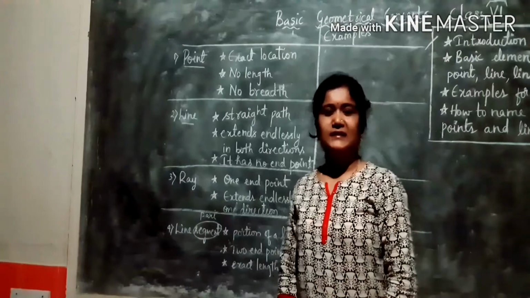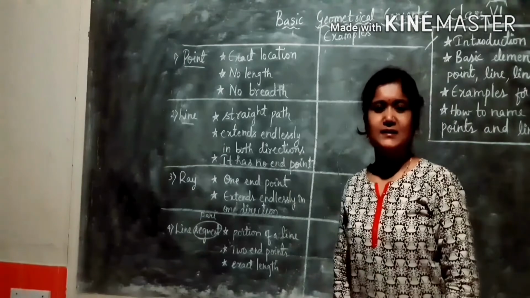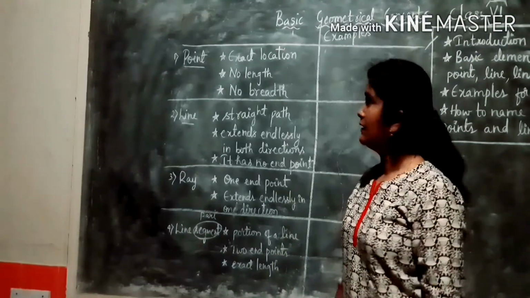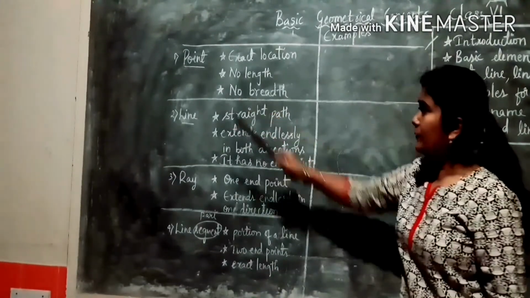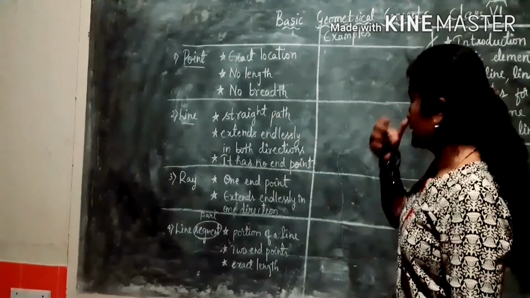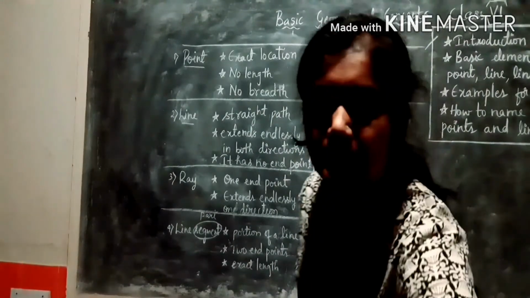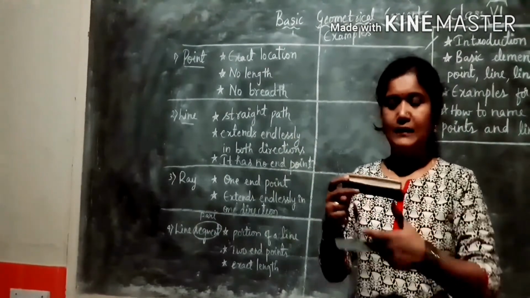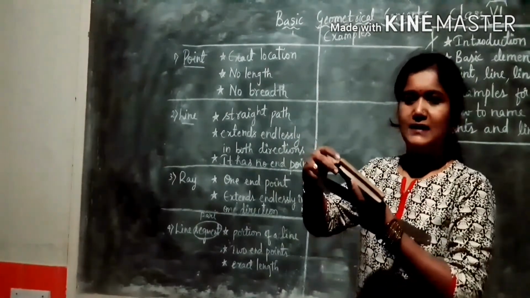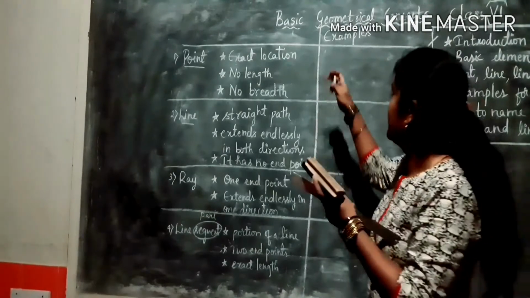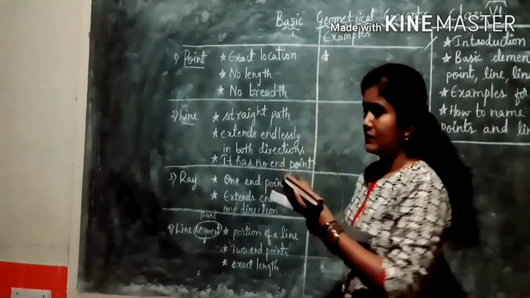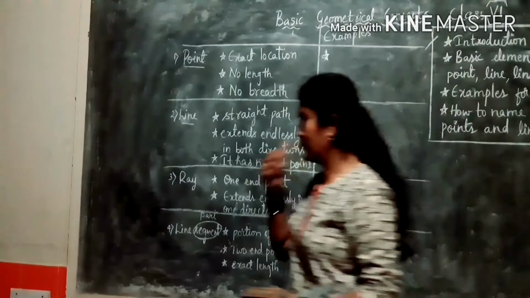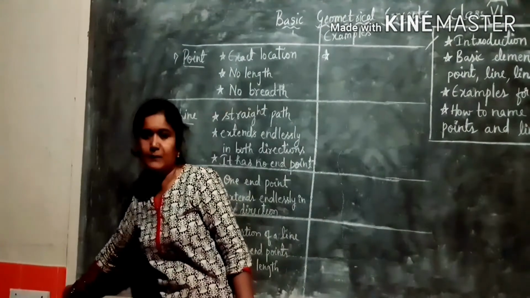Dear children, now let me discuss some more examples on the basic elements on point. So here you can see the duster over here and one of the corners is considered as the point. Here you can take one more example, the blackboard.